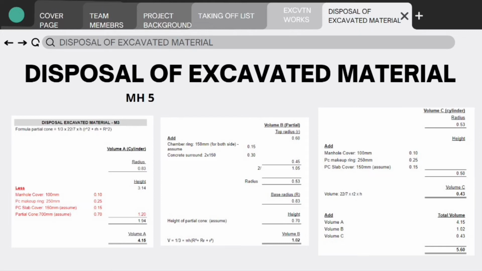The total volume C is calculated by using the cylinder formula, pi r squared times h, to get a total volume of 0.43. The total volume for disposal of excavated material is volume A add volume B add volume C, which is 4.15 add 1.02 add 0.43 to get 5.60.